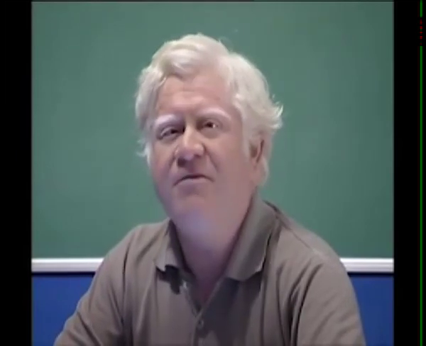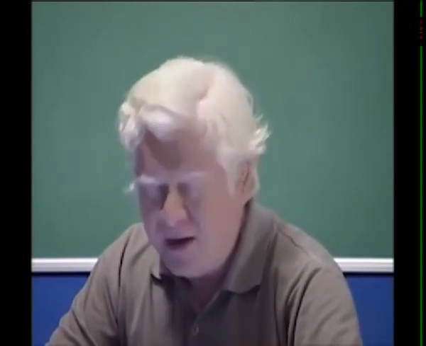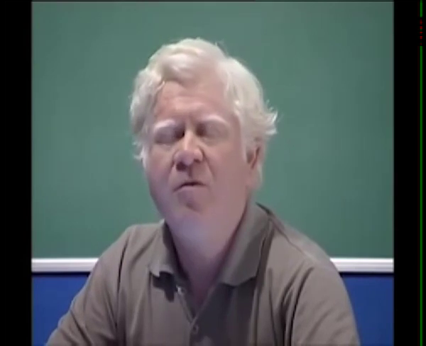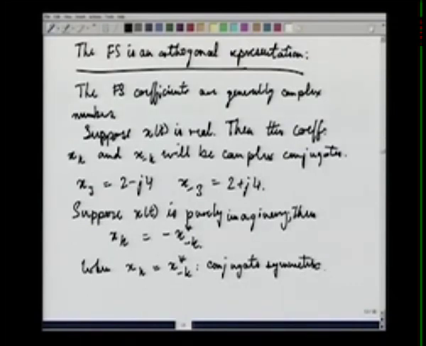Now, there is a nice name we have for this relationship between the corresponding pairs of Fourier series coefficients for k positive and k negative. When x k equals x star of minus k, which is the case for x t real, we say that they are conjugate symmetric. And that is when you have x t real.